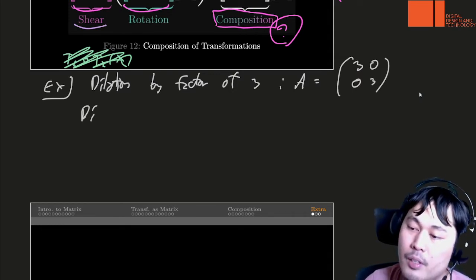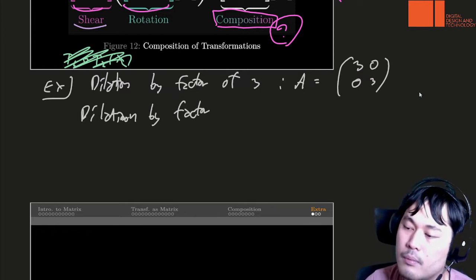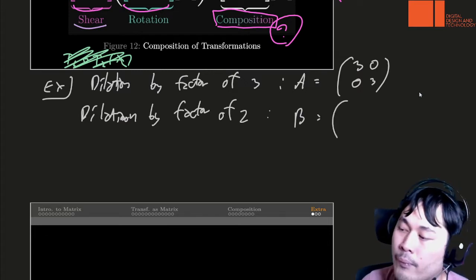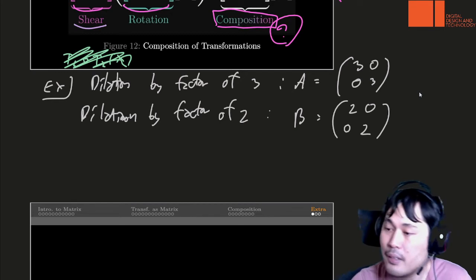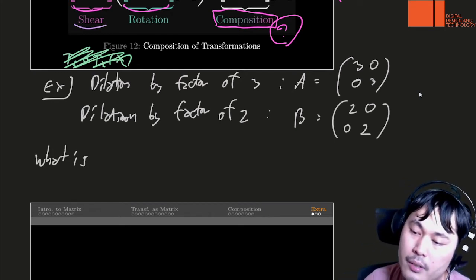And then suppose we have another one, which is the dilation by a factor of 2 instead. Let's say that's B, and again we can describe that transformation as this matrix. Then the question is, what is A times B?